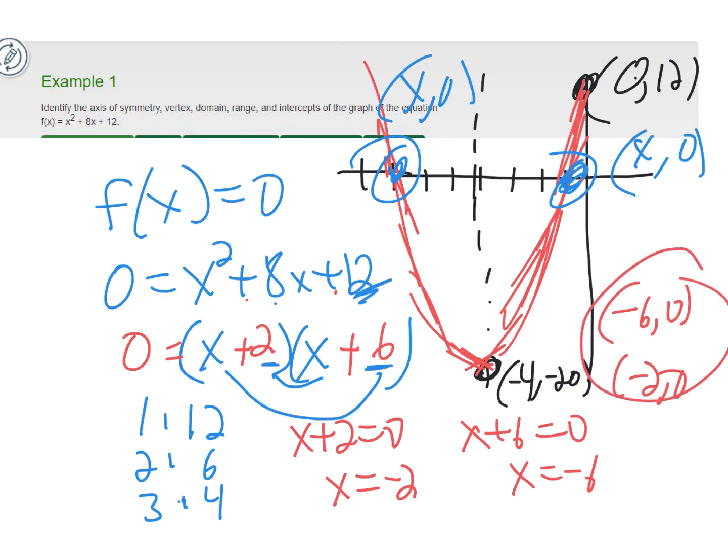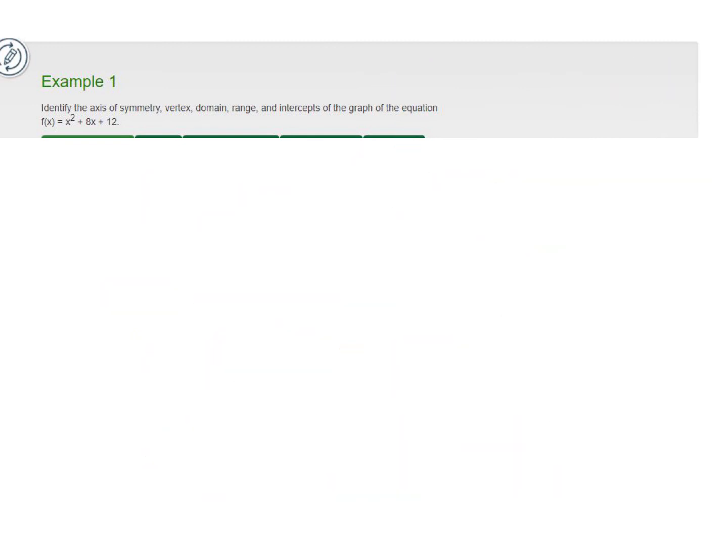And I guess that's it. The only thing I haven't done is write this equation in vertex form. So why don't I do that? I know the vertex of this parabola is negative 4 and negative 20. I know the leading term has a coefficient of 1.